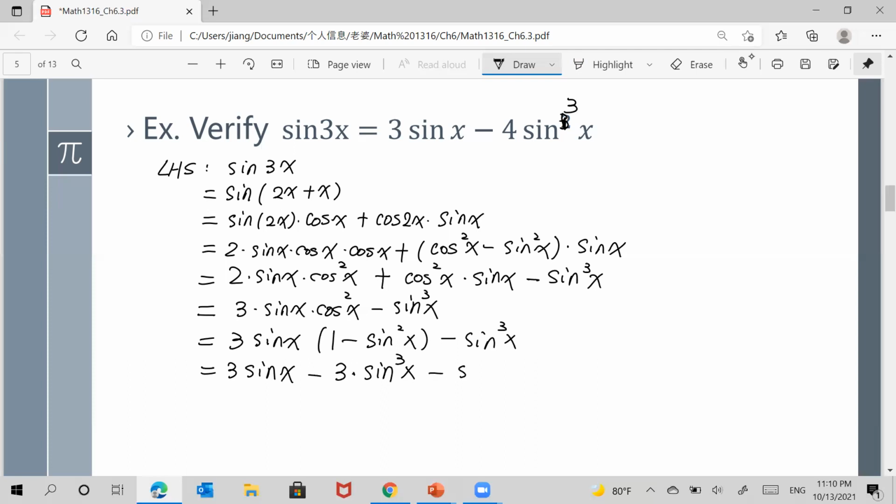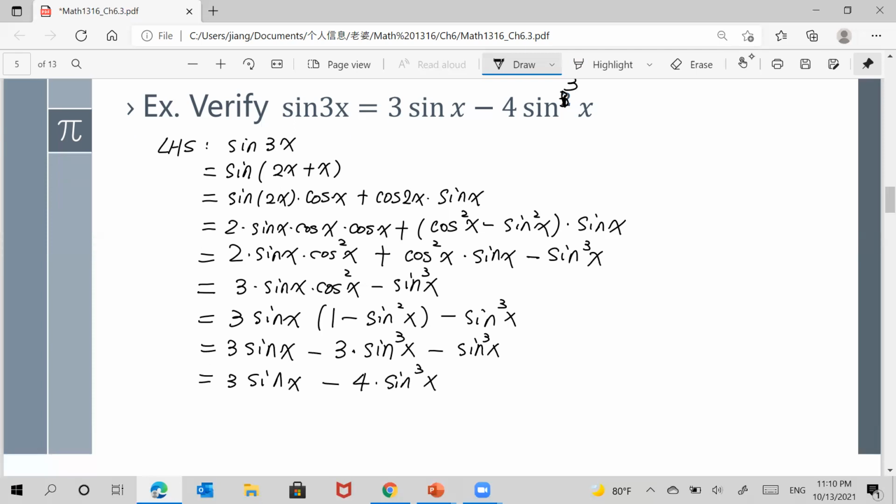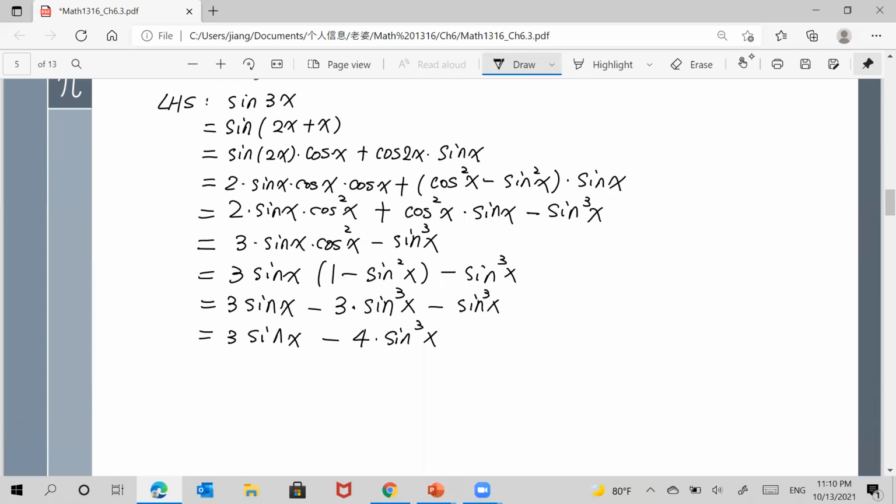And then minus sine x cubed. And this one is 3 times sine x minus 4 times sine x cubed. Okay, we complete the evaluation. That means left-hand side equals right-hand side. We proved that.